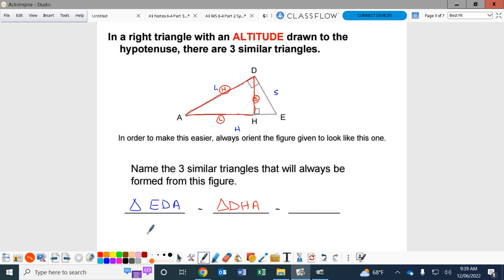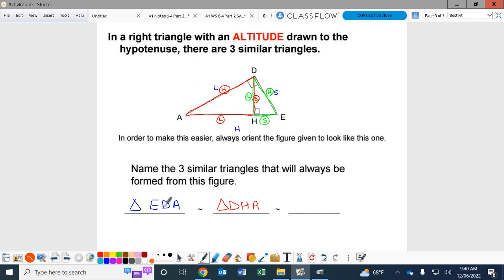Okay, I'm going to change colors again. I'll do this one in, what color will show up good? Green? We'll see if this one shows up. So now we're talking about this little triangle that's over here on this side. Do you see this triangle that's in green now? This piece right here is the short side. This side right here is the long side. And now this one right here is the hypotenuse.